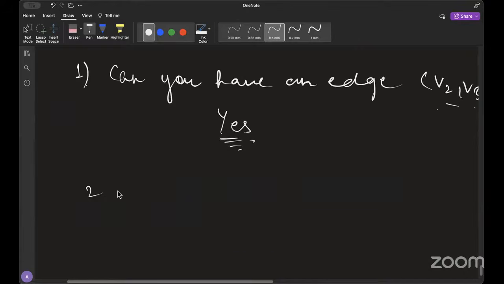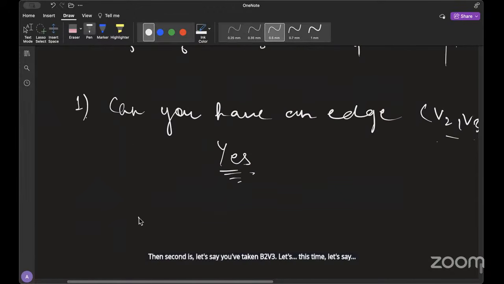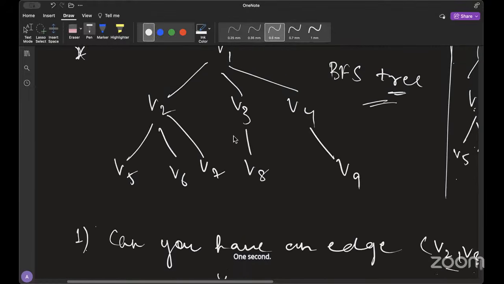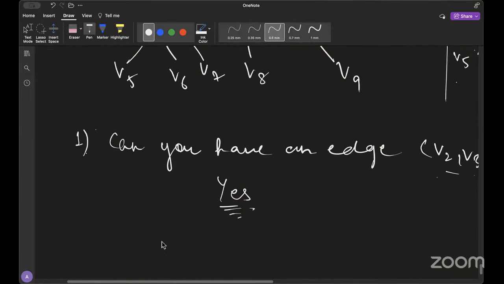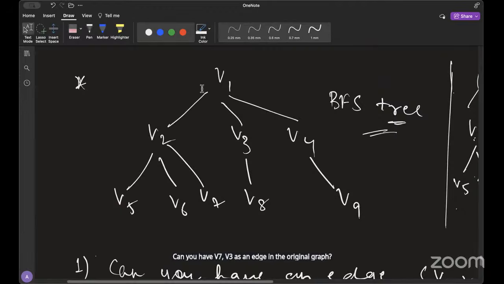Then second, let's take V7 and V3. Can you have V7, V3 as an edge in the original graph? Yes, V7 and V3. You can have that edge, right?